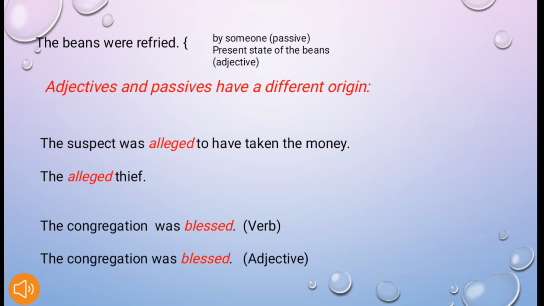Let's now discuss the next examples. For example, the beans were refried. We can also add by someone to make it passive. But if you're only trying to show a present state of the beans, to make it adjective, then you will just say the beans were refried.